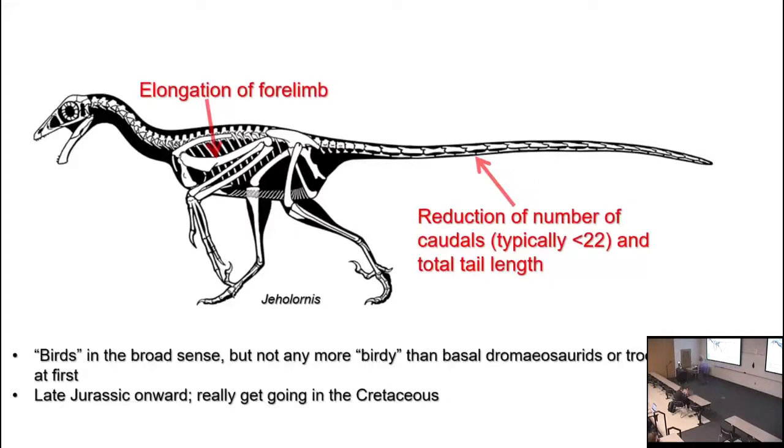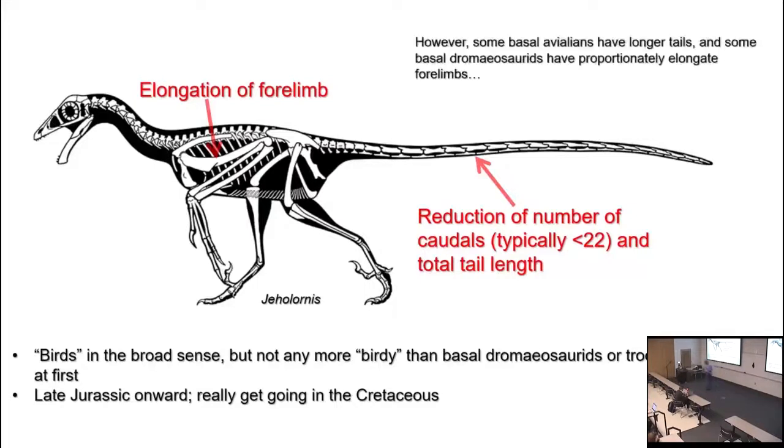And we get a reduction in the number of caudal vertebrae, typically less than 22 caudals, and also of the total tail length. So the tail is shortening up in two senses: fewer bones in it, and the total length is shorter. But wait, there are some basal avialians, like Jeholornis here, which actually has a longish tail.